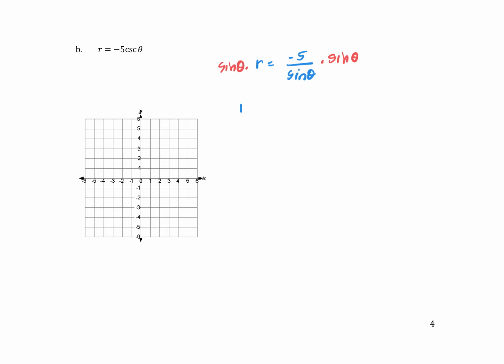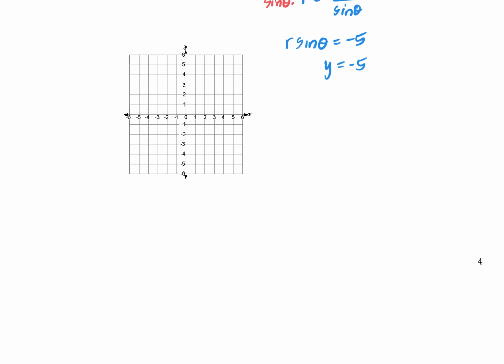So on the left, I'm going to have r times sine of theta. And on the right, the signs cancel, and I have -5. Okay, but what is r sine theta? That's y. So this is simply the line y equal to -5. So remember, if it's just a y value and there's no x, then the line is going to be a horizontal line.